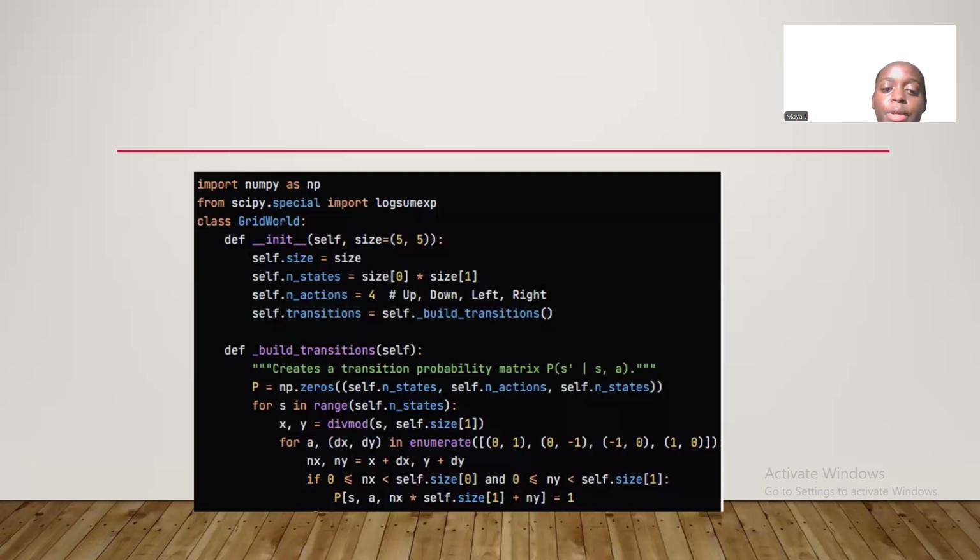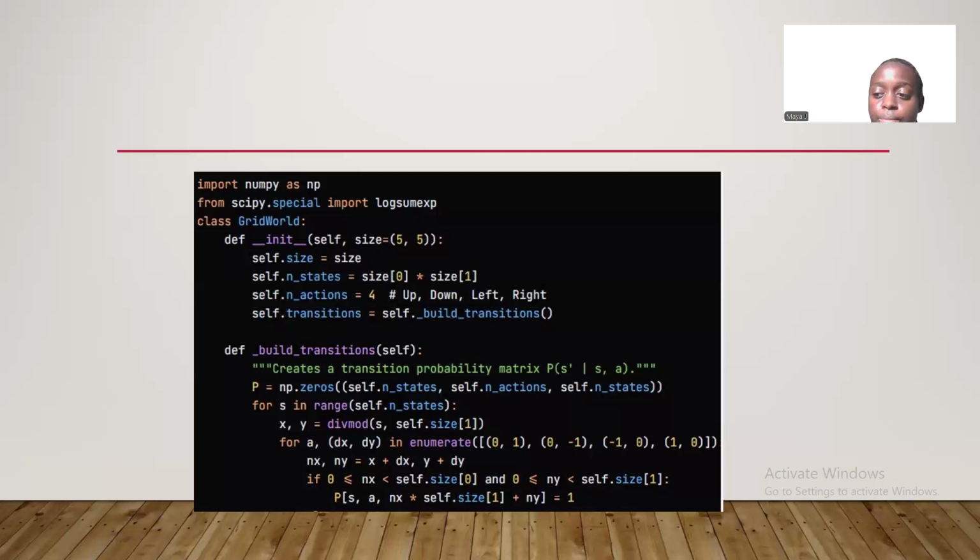We have a variable P, which is a 3D NumPy array initialized with zeros, using np.zeros. We have three parameters: the current state, the action, and the next state.